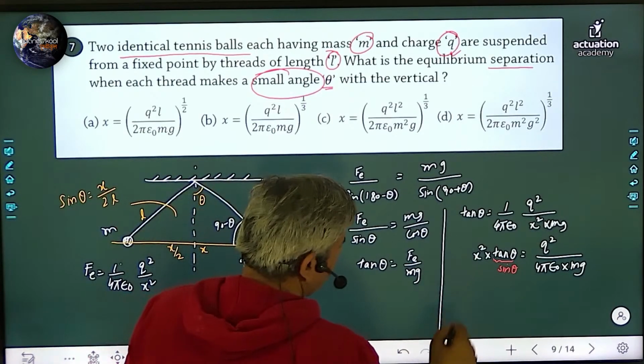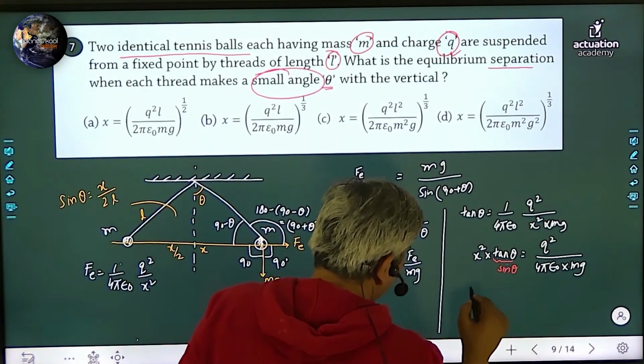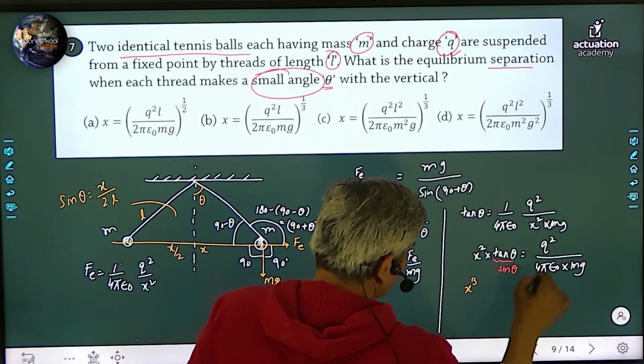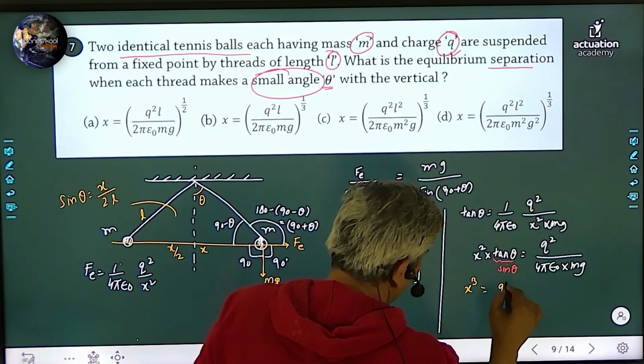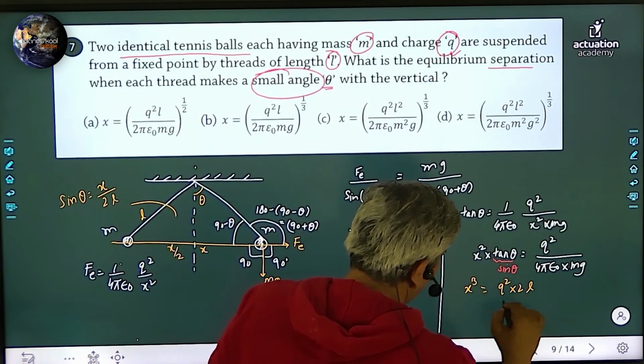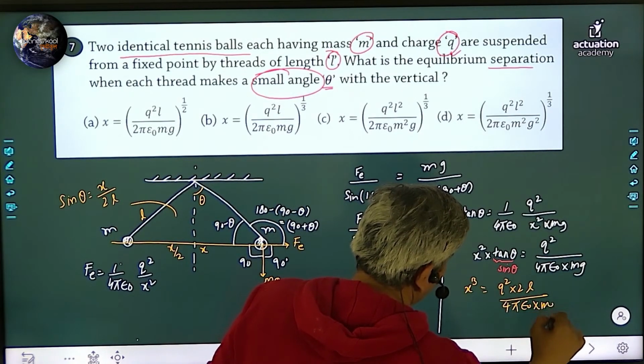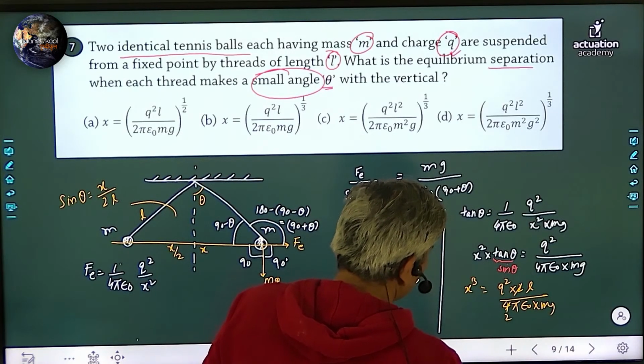Okay, so let me write it here. Putting the value of sine theta, we will get x cube divided by 2L. Let me just multiply 2L here, 2L divided by 4 pi epsilon naught mg. The 2 and 2 will cancel out.